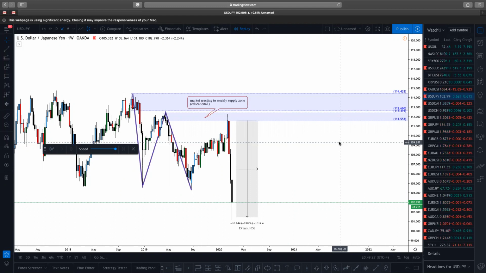But when you're trying to catch the really good moves, the big moves, if you could find a setup with weekly supply, monthly supply, daily supply, you're at the beginning of a great long trend, right? In either direction.